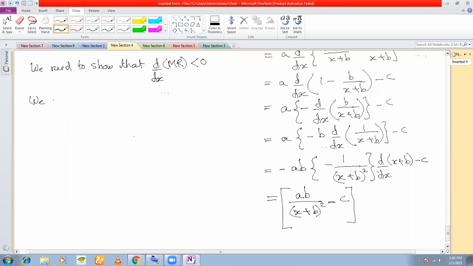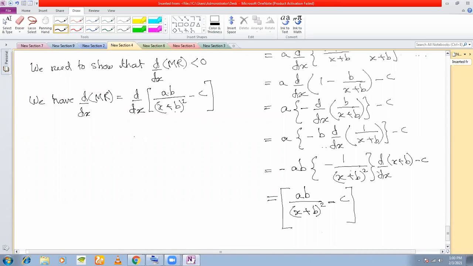So we have d/dx of MR. What is MR we have found? The marginal revenue we have found as ab by (x plus b) whole square minus c.